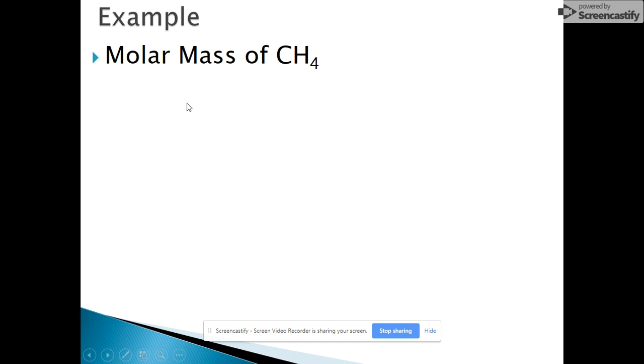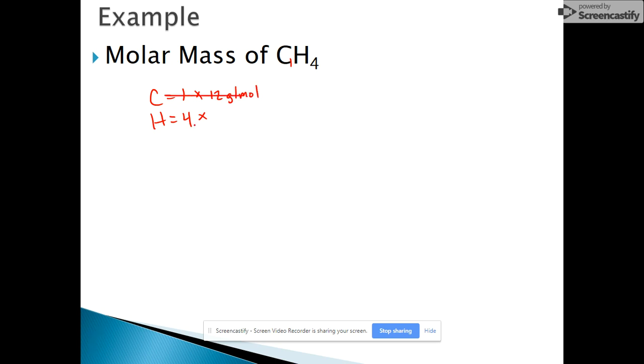Our next example, CH4. So again, we start by seeing how many atoms of each element we have. There's no subscript for carbon, so we know that it's going to be 1. Hydrogen has a subscript of 4. Next, we multiply it by the mass number from the periodic table. Carbon is 12.01, which we would round to 12.